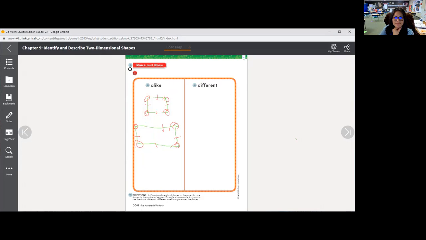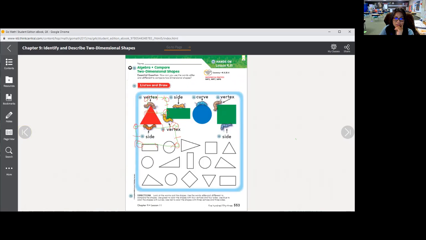A square. A square has 4 sides and 4 vertex, just like the rectangle. So those are alike. I need something that's different that doesn't have 4 sides and 4 vertex. What shape does not have 4 sides and 4 vertex that is different from the square and the rectangle? Look at these shapes.